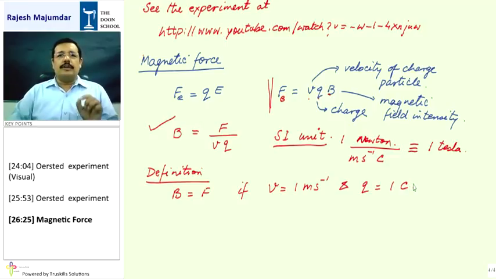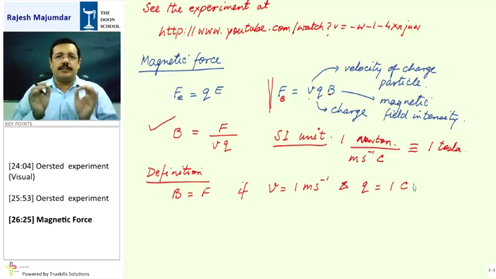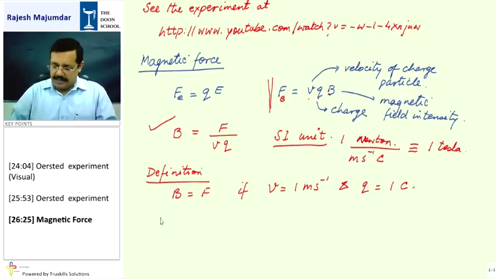So if a 1 coulomb charge is moving at a speed of 1 meter per second in a magnetic field, then whatever force is experienced by it is numerically equal to the magnetic field intensity. And this is what we are going to write down here for your understanding.